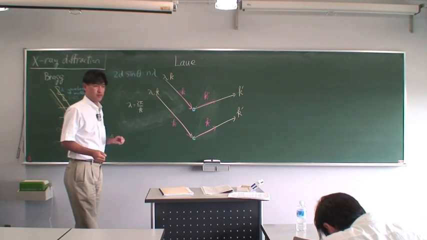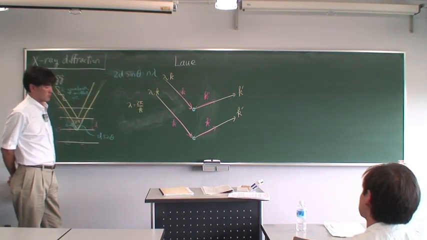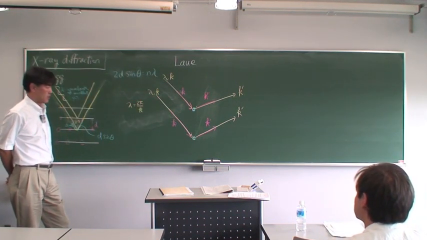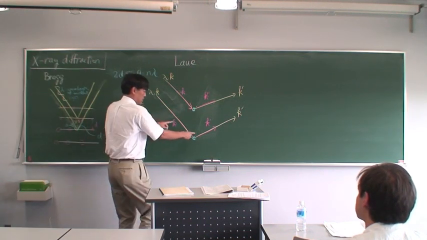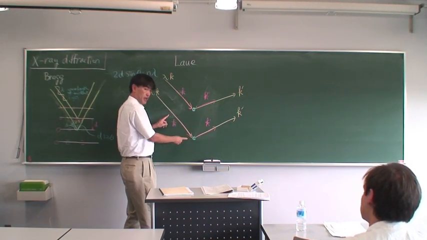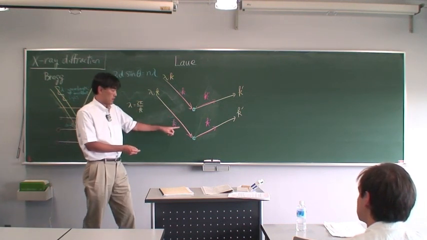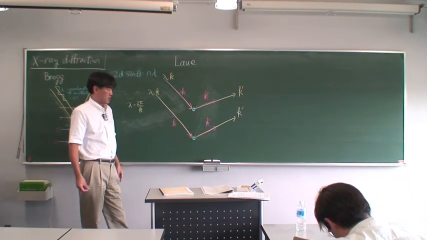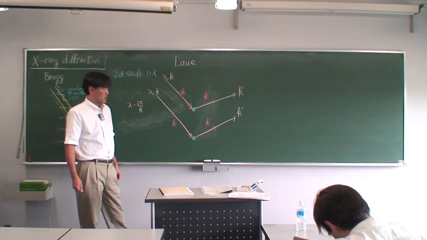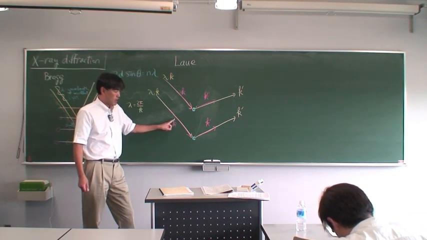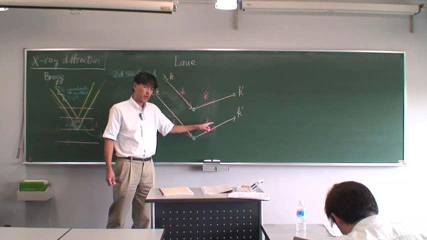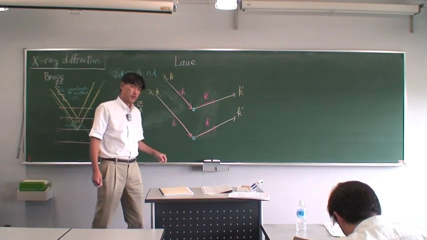Okay, that's a vector. k and k prime are the same length because the wavelength before and after scattering is the same. However, k and k prime are different vectors because they point in different directions.